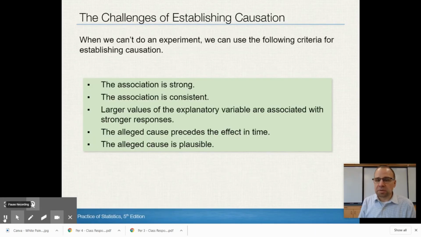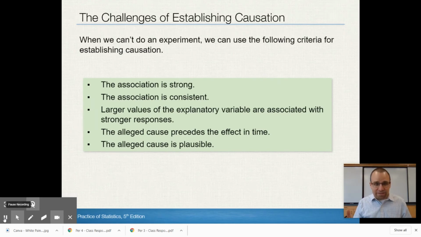So when we can't do an experiment, we can use the following criteria to still establish causation. Is the association strong? So going back to smoking and lung cancer, there's been a strong association between asking people how much they've smoked and then how long they have lived. Even though that's not an experiment, there's a strong association there. Is the association consistent?